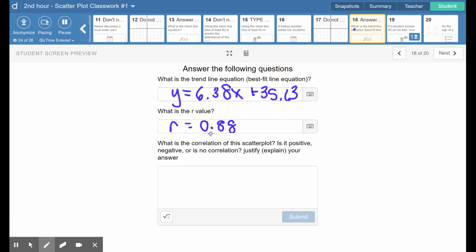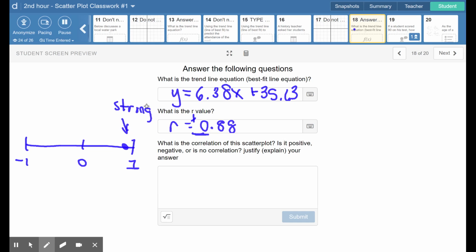Notice that this is a positive number. If we drew that number line, this is a positive 1, 0, negative 1. 0.88 is very close to 1, so that is strong.